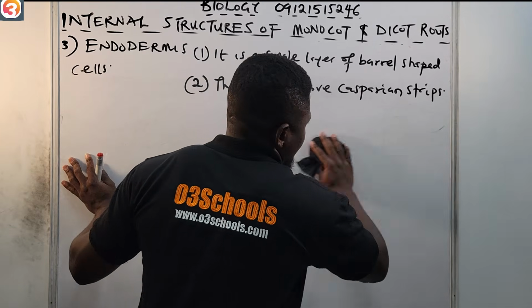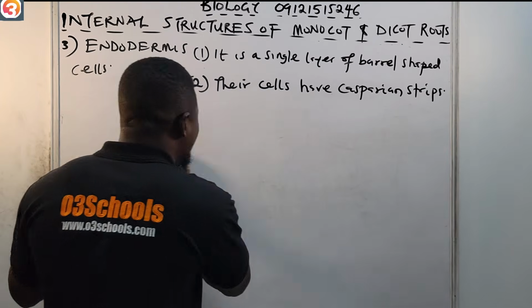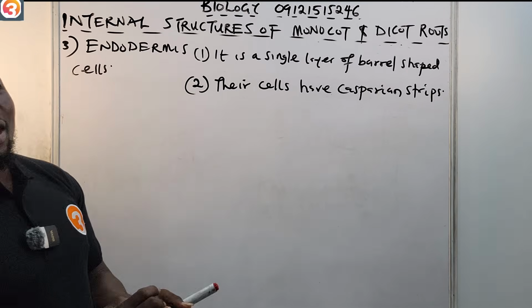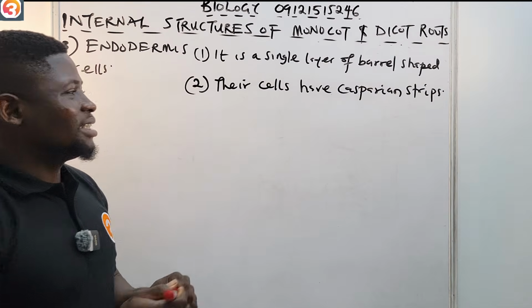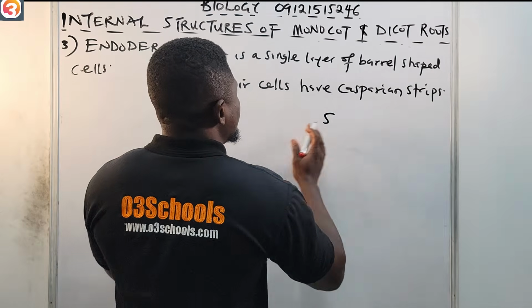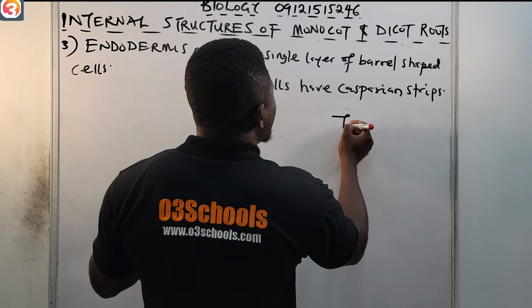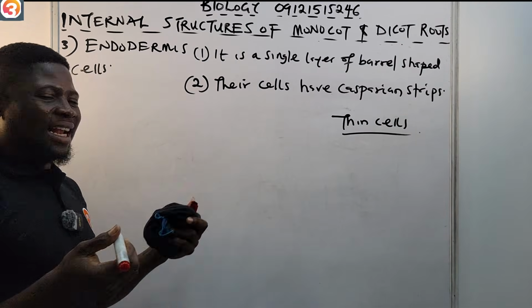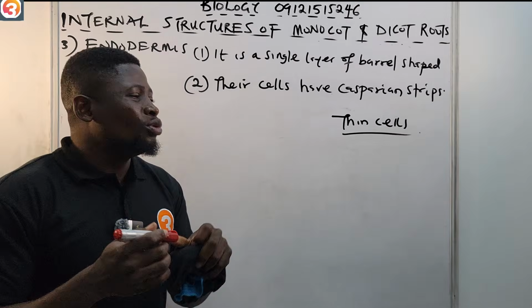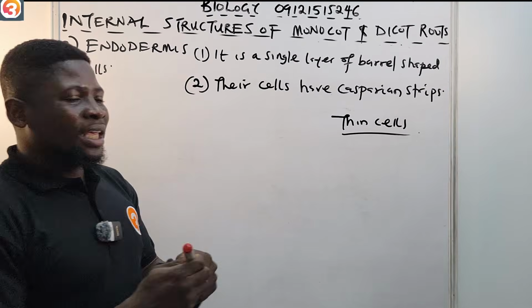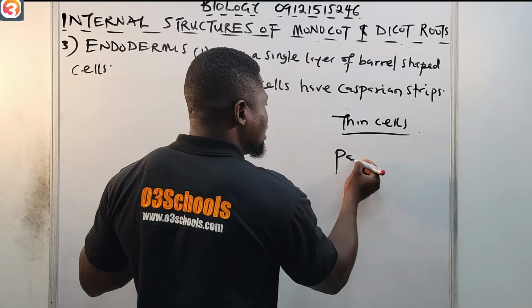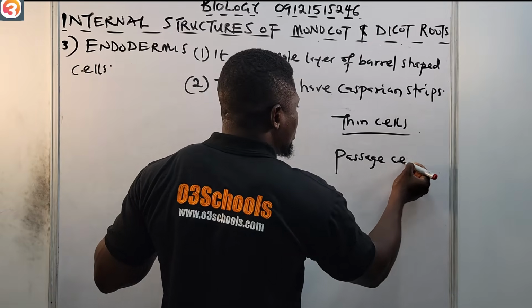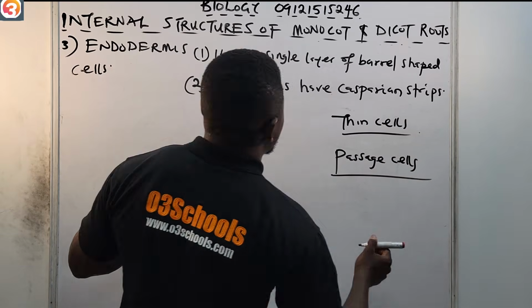Now, number three, some thin-walled cells that do not have Casparian strips are called passage cells.